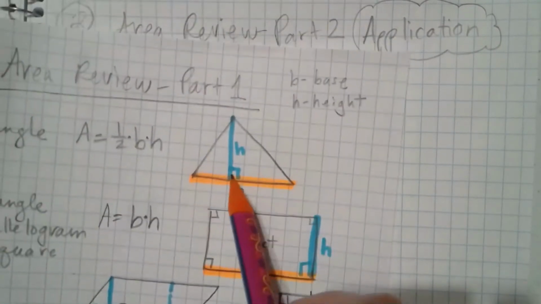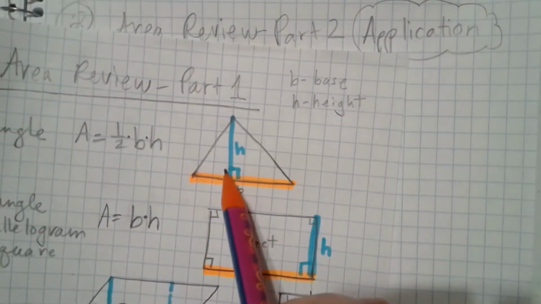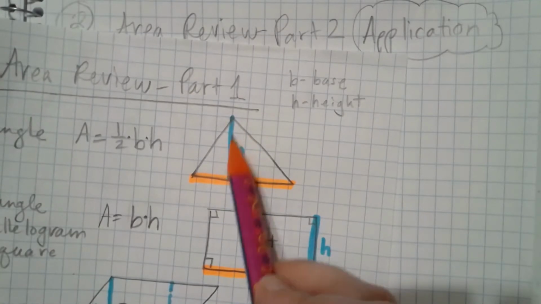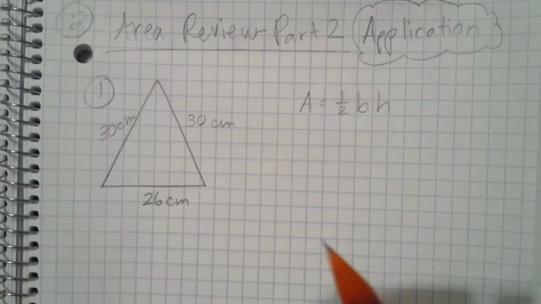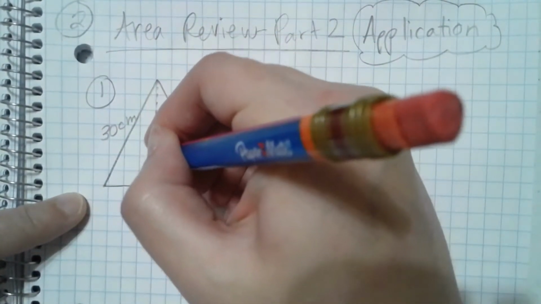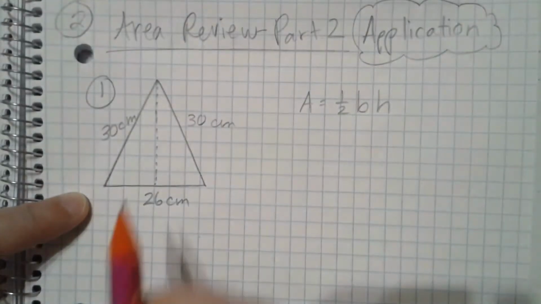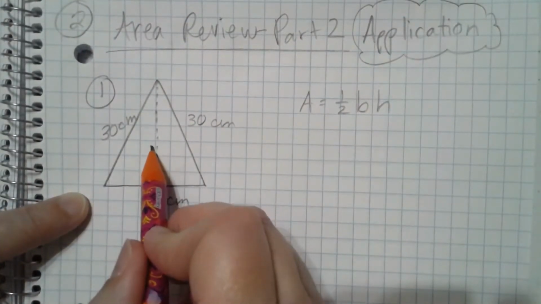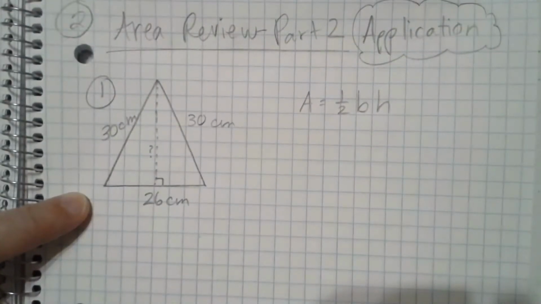Remember we said that in order to have the base and the height, they had to make a right angle to each other. So I'm actually going to draw this line in straight down the middle of our triangle from up here at the top, and usually it will be drawn as a dotted line because it's not actually part of the shape. Okay, so when I draw that in, the question is how long is that piece?